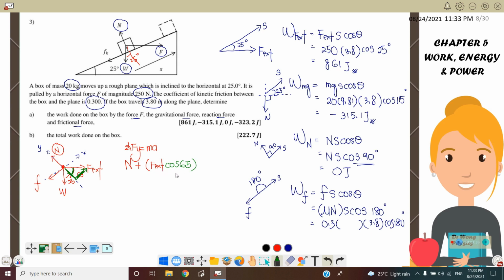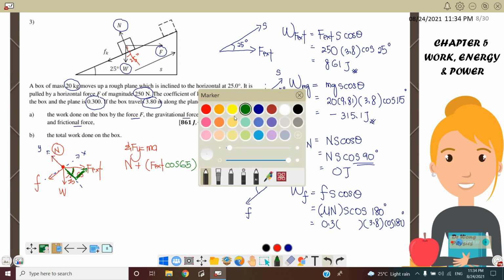After that, we still have another force acting downward, which is the weight.